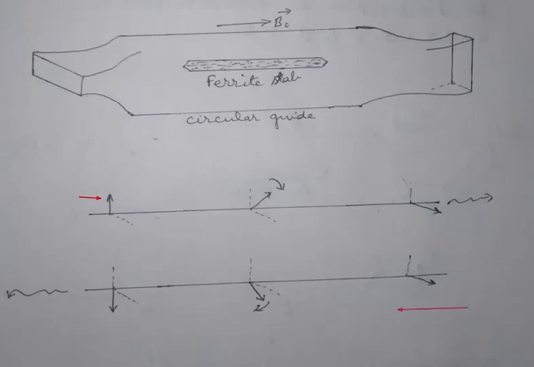Now if we compare the differential phase shift for transmission from port 1 to port 2 as compared to transmission from port 2 to port 1 at the input end, again it can be easily seen that the relative phase difference is 180 degrees. So this device also possesses the properties of a gyrator.